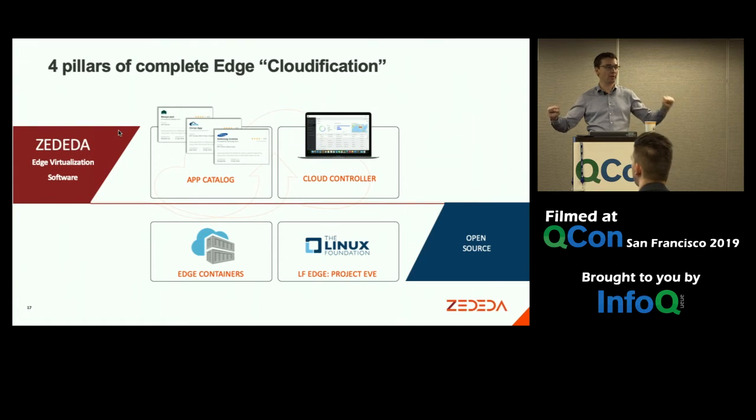We're calling that standard edge containers, right? The runtime is Project EVE. At the top, you basically have catalogs and control planes. And that's where companies can innovate and monetize. So I would expect a lot of big cloud providers to join the LF Edge and start building their controller offerings, just like Amazon today gives you a lot of managed services, right? That will be one of the services that they would give you.